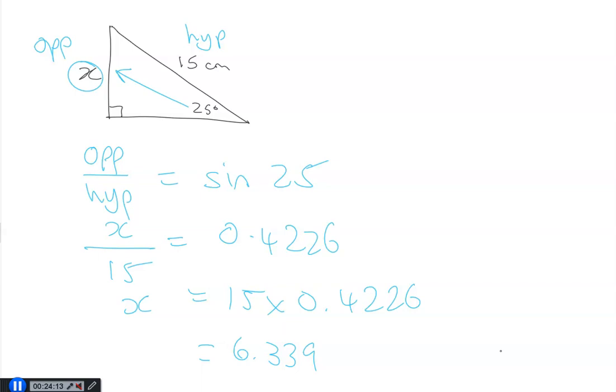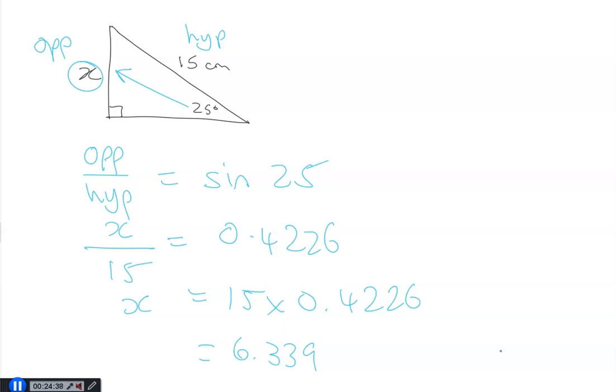So what answer should I really give here? 6.3. 6.3 I'd accept. If you gave me 6, I'd accept that as well. Okay? I wouldn't go any more than 1 decimal place. In this case, I probably wouldn't do any. I'd just go to 6. Now, so therefore, why have I got 4 here? Because I need it. You only round off at the end. Okay? I only ever round off at the end.